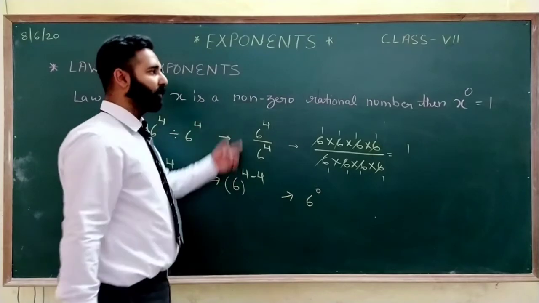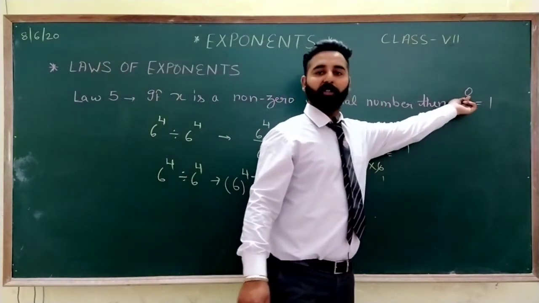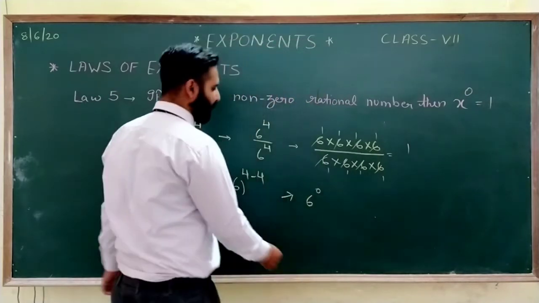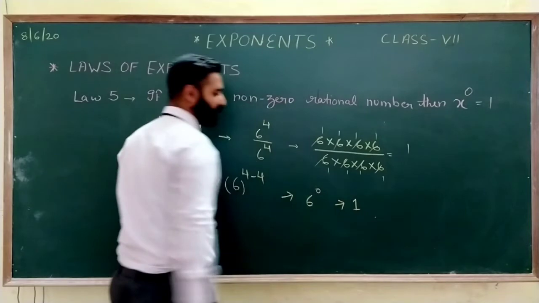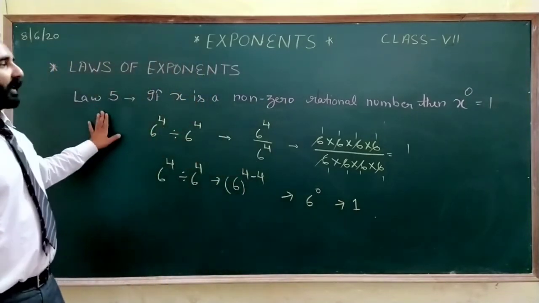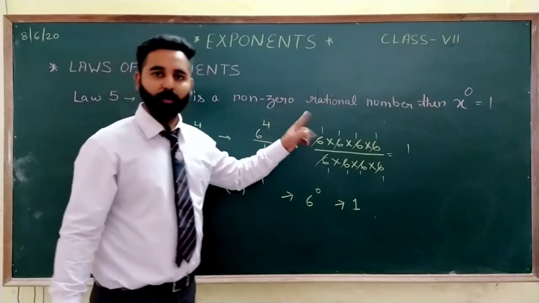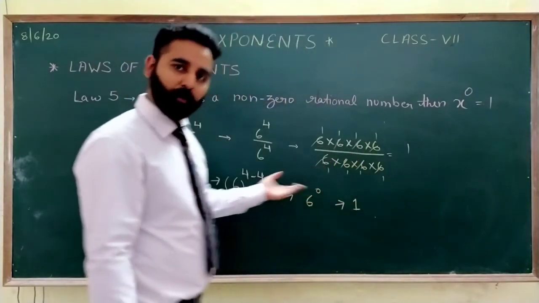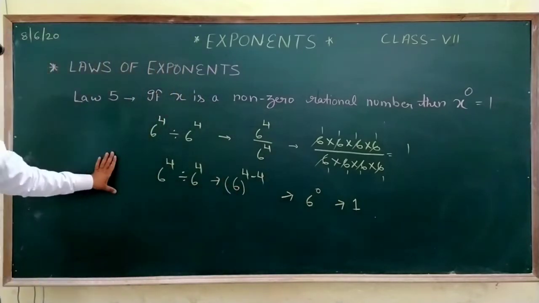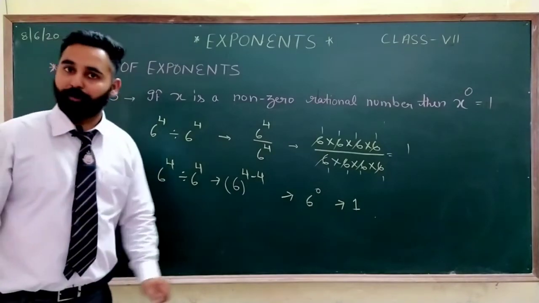And I told you, the law says if any number has power 0, the value will become equal to 1. So this is the statement of law 5. If any non-zero rational number has power 0, then the complete value or answer will be equal to 1. We saw this with the help of an example also. So I hope law 5 is also clear to you now.